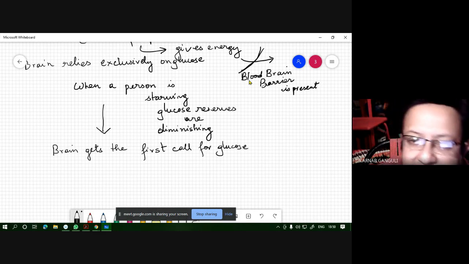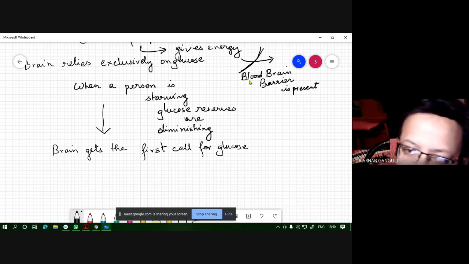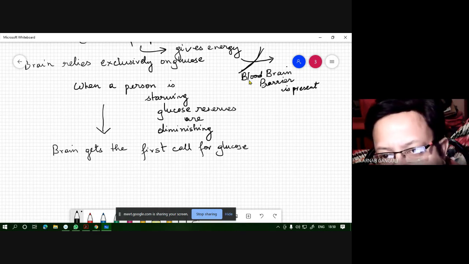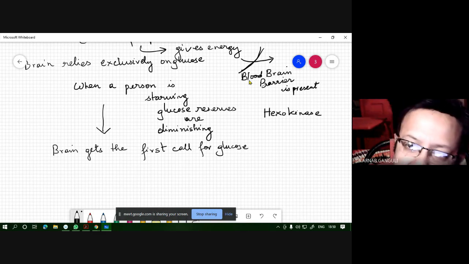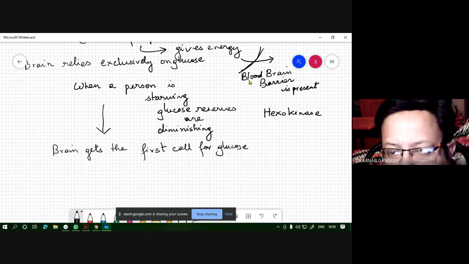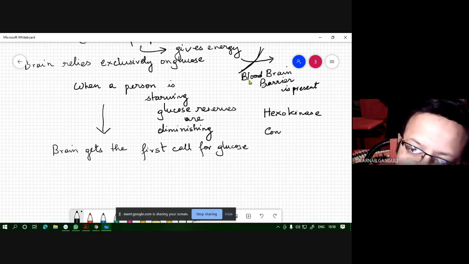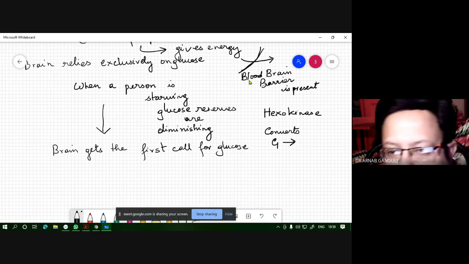At this time, let me tell you the first enzyme in glycolysis, that is hexokinase. This converts glucose to glucose 6 phosphate.